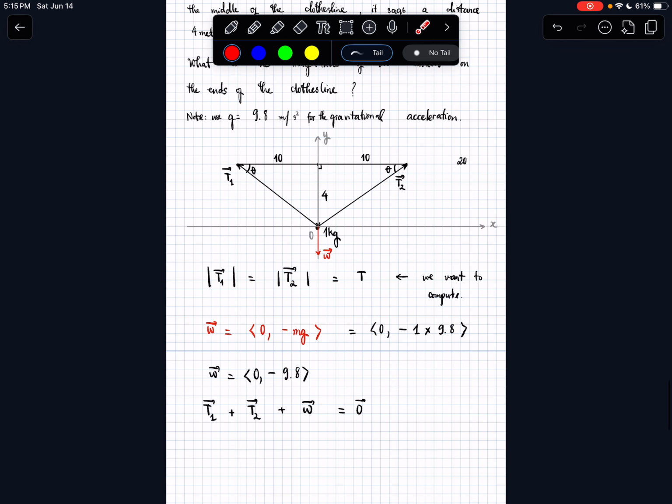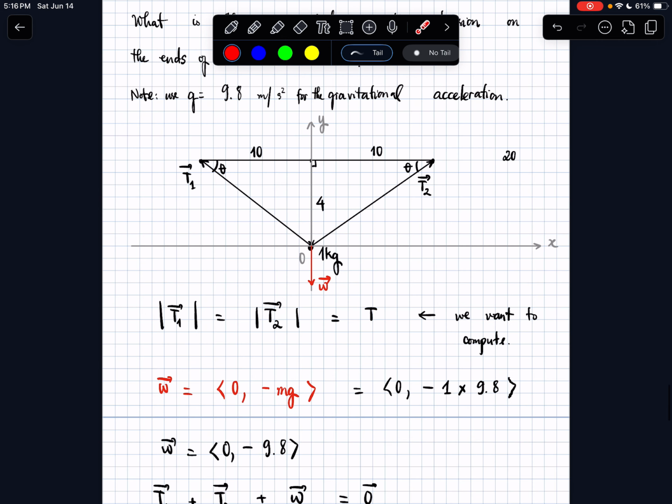Forces T1 and T2 have the same magnitude. Let's say T1. T1 has 2 components. Let me draw another picture.